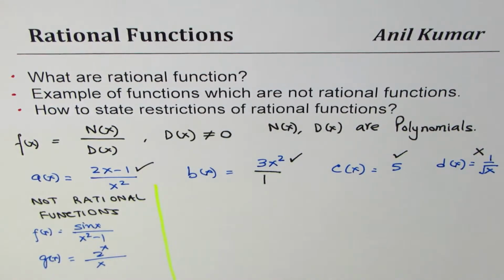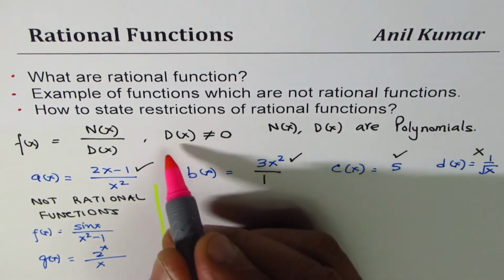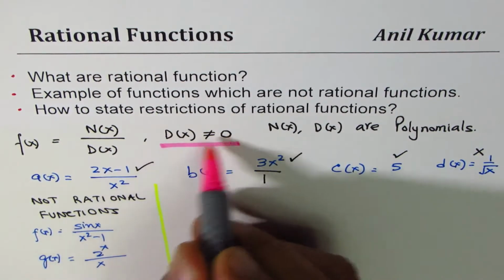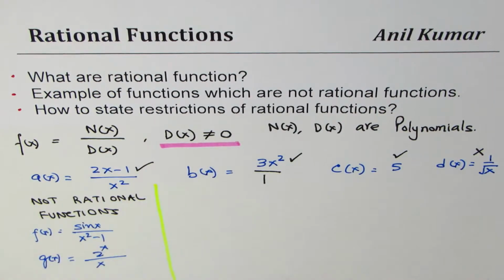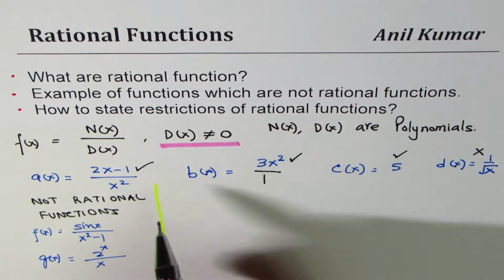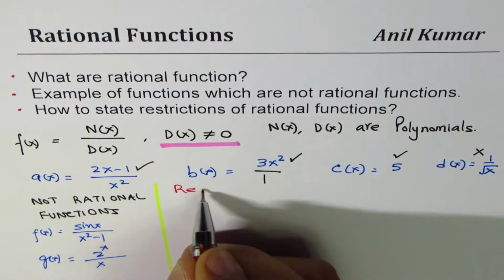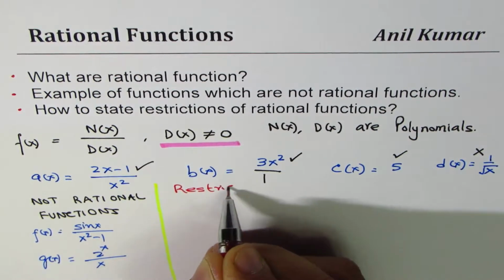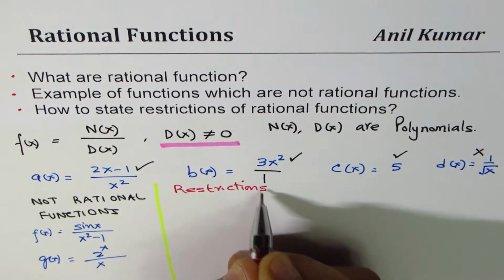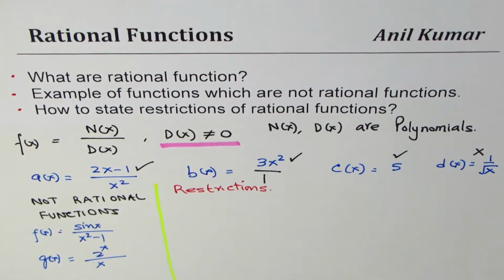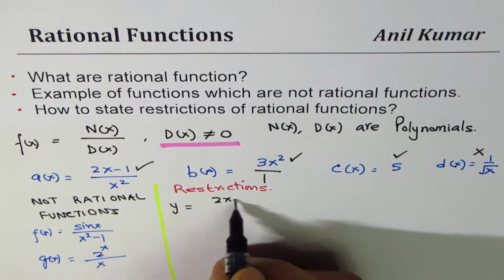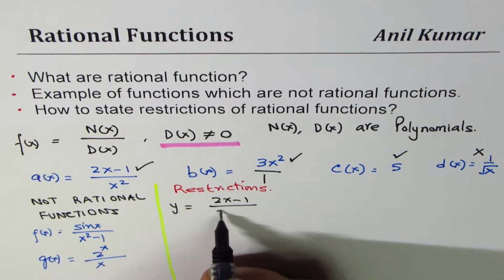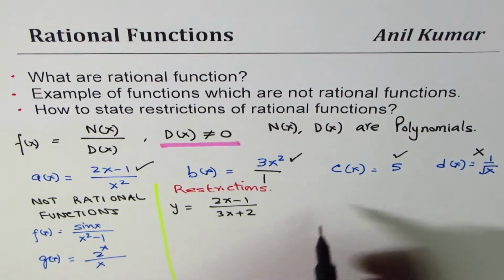Now let's talk about how to state restrictions of rational functions. Clearly, restrictions of rational functions are because of the denominator, right? The denominator is not equal to 0, so that leads to restrictions. So let's work on restrictions now. I'll give you a few equations. Let's say y equals 2x minus 1 divided by 3x plus 2.